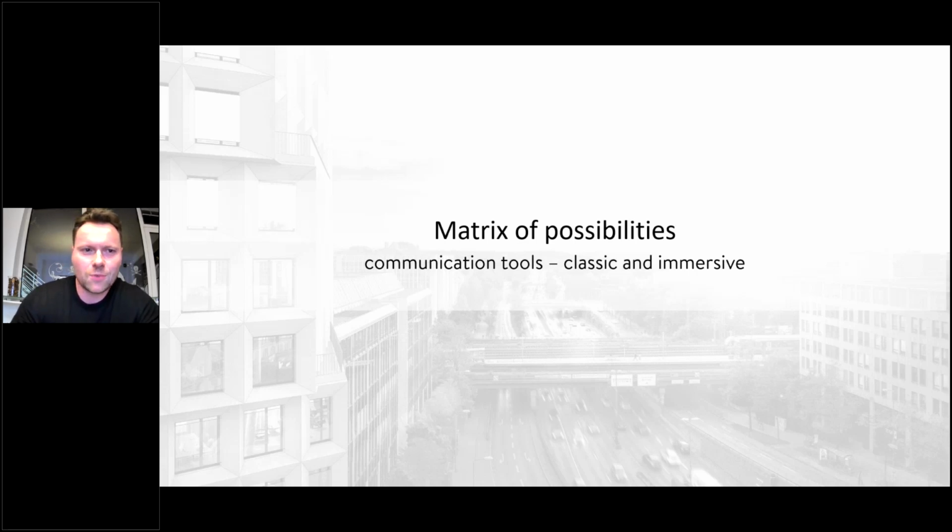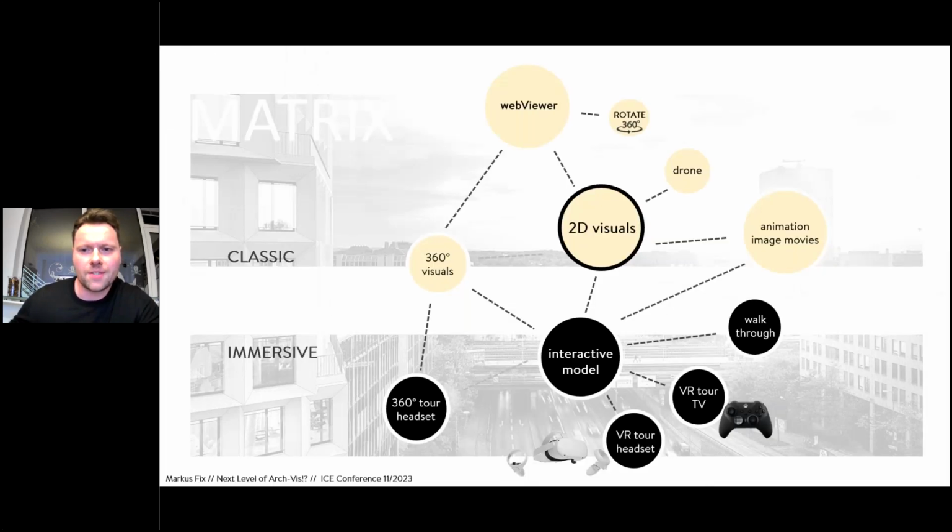And what that means, I can show you here. That's our latest matrix, which helps the client to understand everything, and together we can find out what is best for them. So you see at the top the classic options.